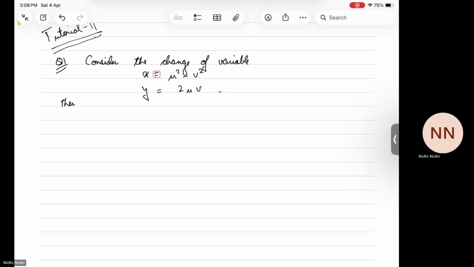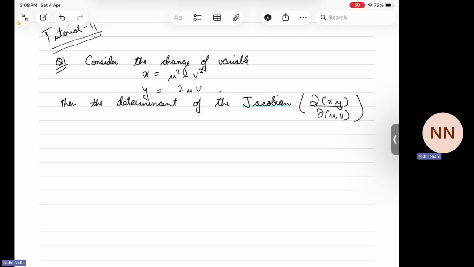Then the determinant of the Jacobian, and we denote the Jacobian as del xy upon del uv when we translate from xy to uv, is equal to part A 0, B u square plus v square, C u square minus v square, or D 4u square plus 4v square.